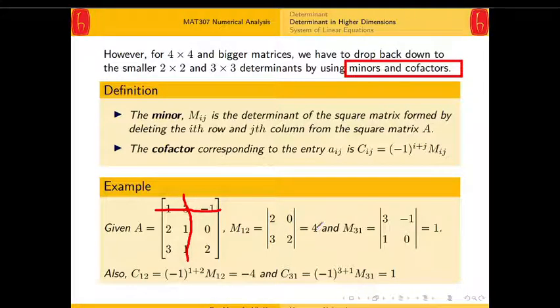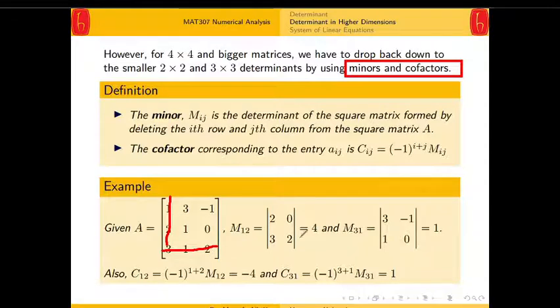Okay, so M31, the minor corresponding to the entry A31, will be found by taking the determinant of this submatrix. So 3, negative 1, 1, 0.